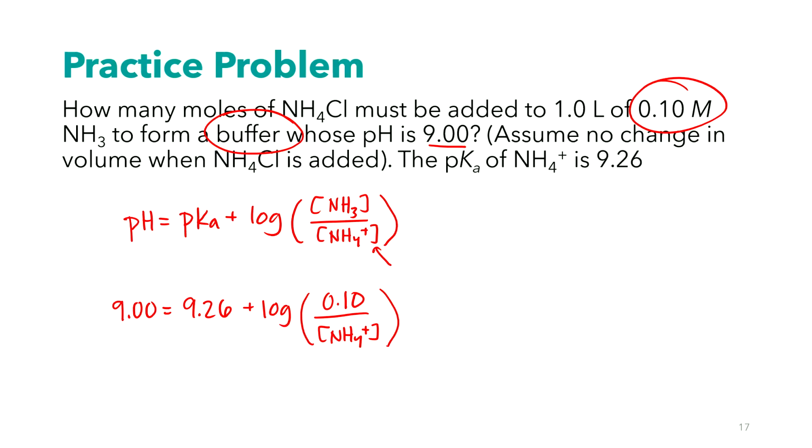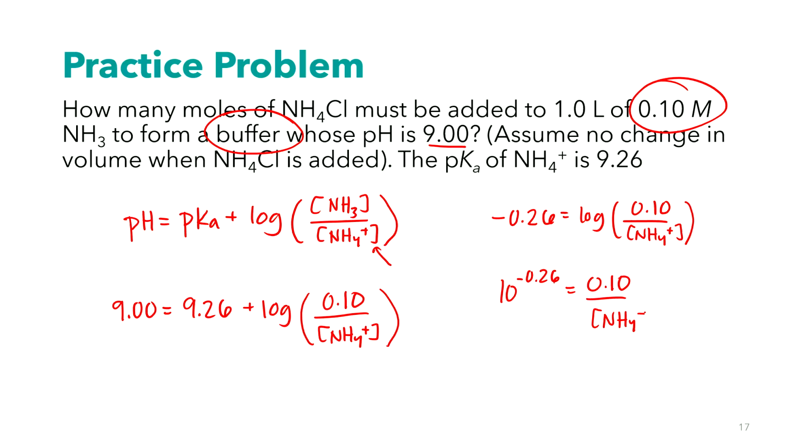So I'll do some math. I'm going to have negative 0.26 equals the log of 0.10 over my NH4+ concentration. So I have 10 to the negative 0.26. I'm just getting rid of my log. And I find that my NH4+ concentration equals 0.18. And that's molarity.